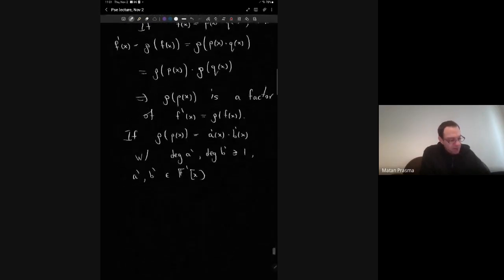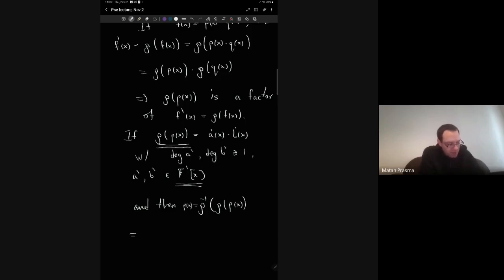So now if rho of p(x) was not a prime polynomial, it would be a non-trivial product of polynomials a prime and b prime in F prime[x]. And then I apply rho minus 1 on rho of p(x). On one hand, since rho minus 1 is the inverse, I get p(x).